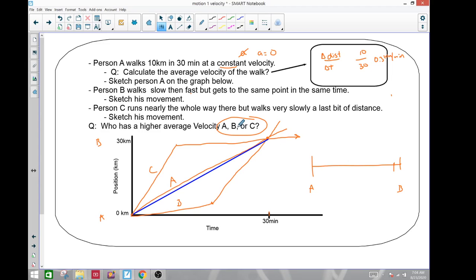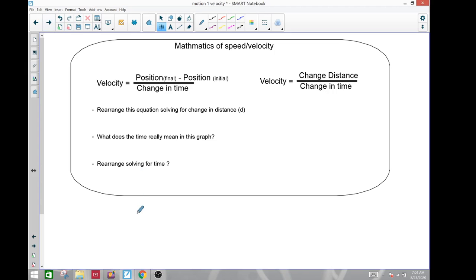Okay. All right. A little bit of math. Now, a lot of what we're doing with your position time graph is non-mathematical, but let's just do a little bit here. So, the mathematics of speed and velocity.